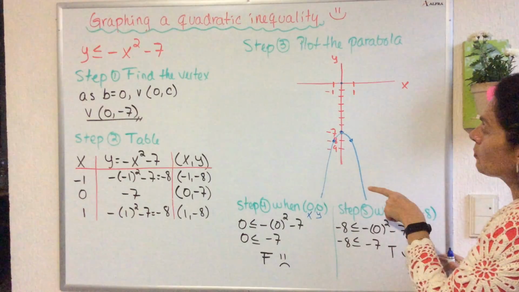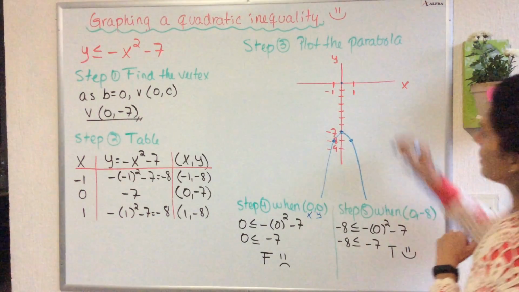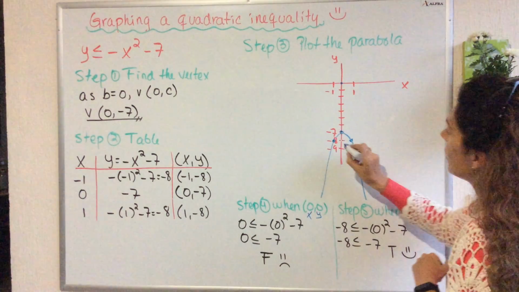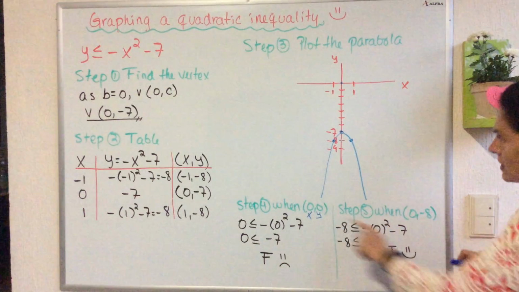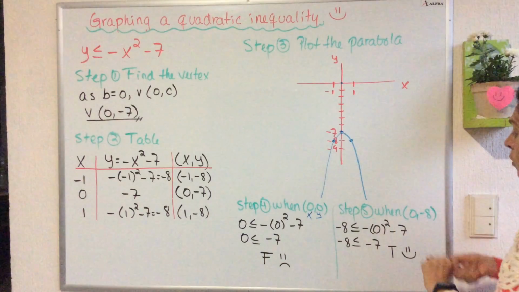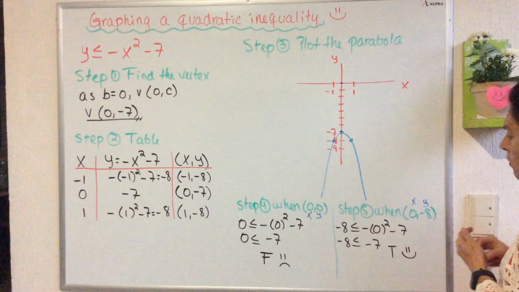I am going to take one point which is inside the parabola, and I am taking 0, minus 8. So 0 in x, minus 8 in y, I mean this point that we have here. And I'm going to evaluate it in the inequality. So the same thing, but now y equals minus 8.